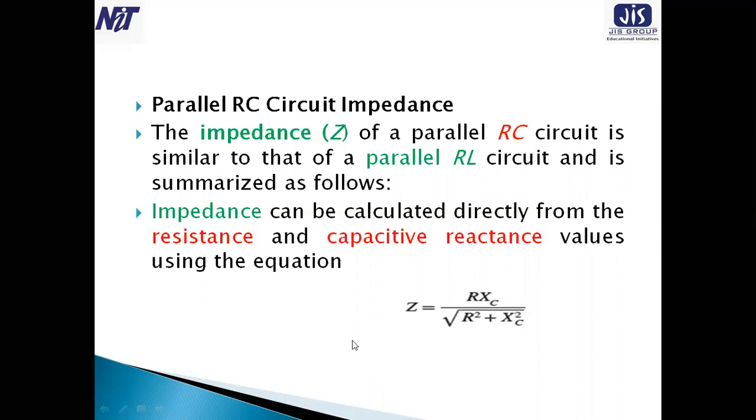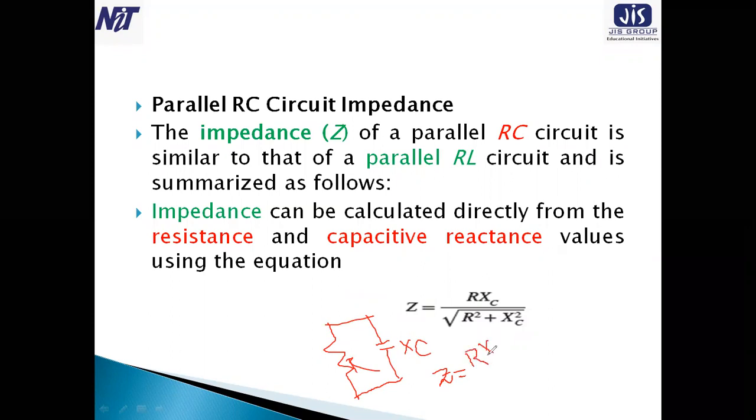Because if you follow, you will find that both the resistance and the capacitance are connected parallelly. So parallel connection means here it is R Xc. If we consider the impedance Z, then we know that if something is connected parallelly, the equivalent admittance will be equal to the summation of these two.